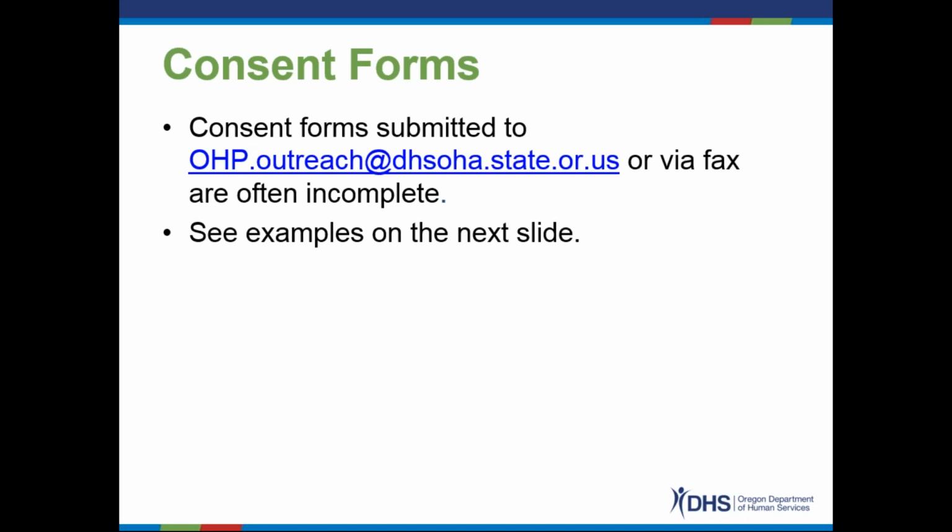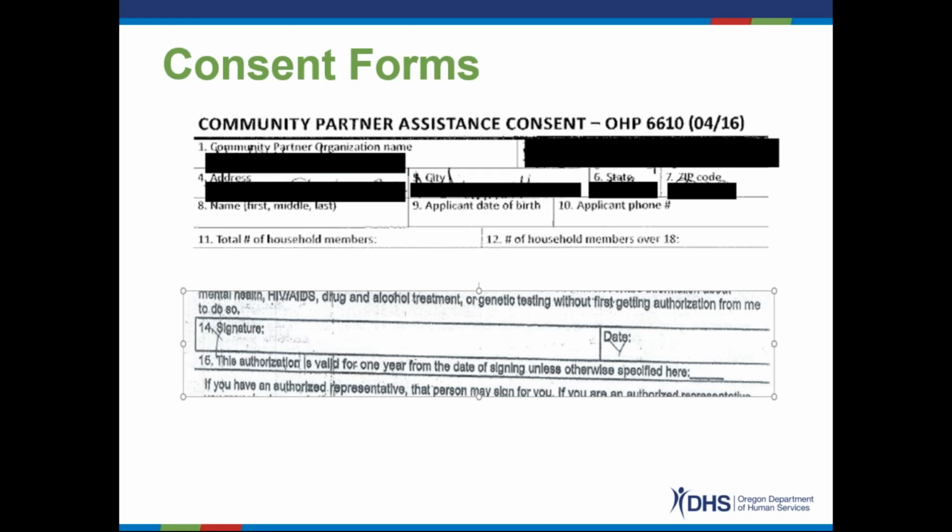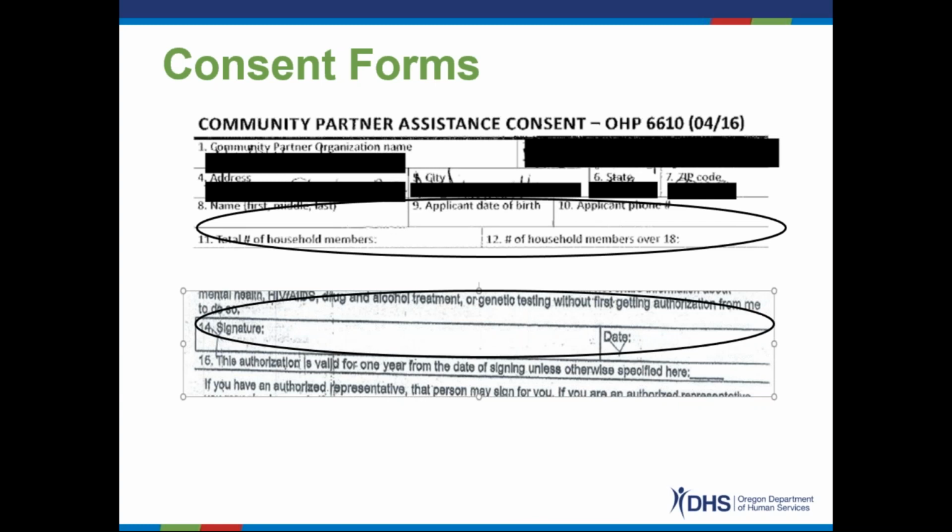So we'll walk through a couple examples of what we're seeing. We'll see that the applicant's date of birth, phone number, name, etc. are missing, and only the community partner's information is present. We're seeing that the signature by the client, which is critical, is also missing.